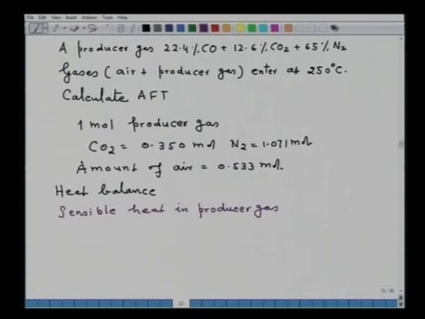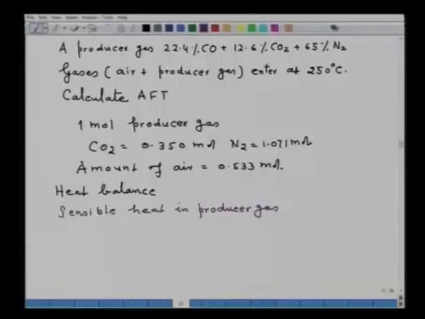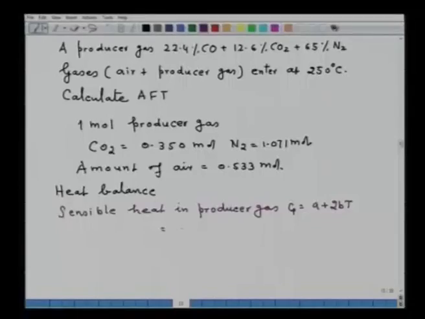Well, I have to use the Cp values and I have to perform the integration. Now, in this calculation which I am going to illustrate you, I have used Cp that is equal to A plus 2 Bt. For more accurate and precise calculation, you can take Cp is equal to A plus 2 Bt plus C by T square. So, if I calculate sensible heat in producer gas, that will be equal to 1650 calorie.